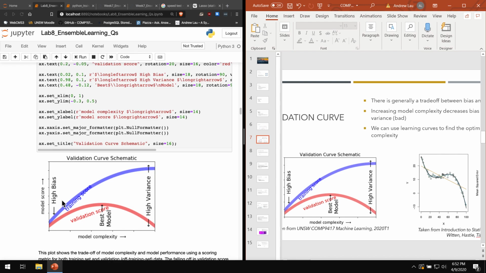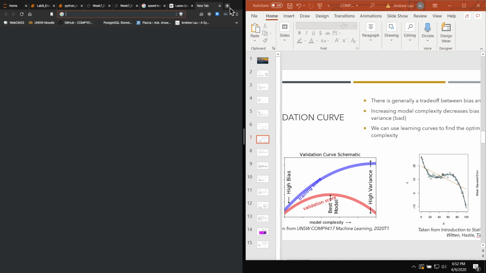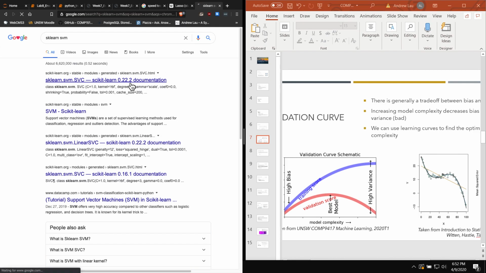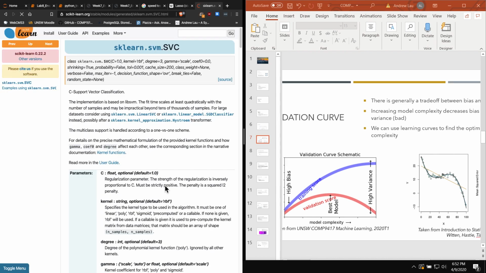In other sorts of models, say your support vector machine, there's that C penalty regularization parameter. If I look up sklearn SVM, that's the C parameter. This regularization parameter is the inverse of model complexity.